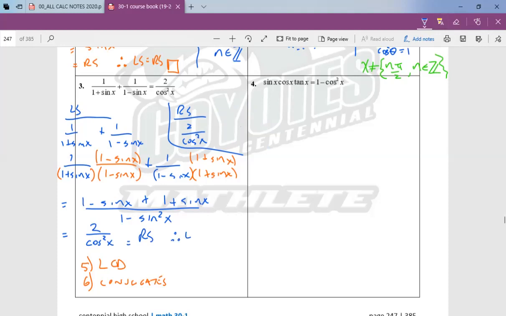Therefore, left side equals right side. QED. The fact that cos x can't be 0 means we have the restriction that x cannot equal pi over 2 plus n pi.